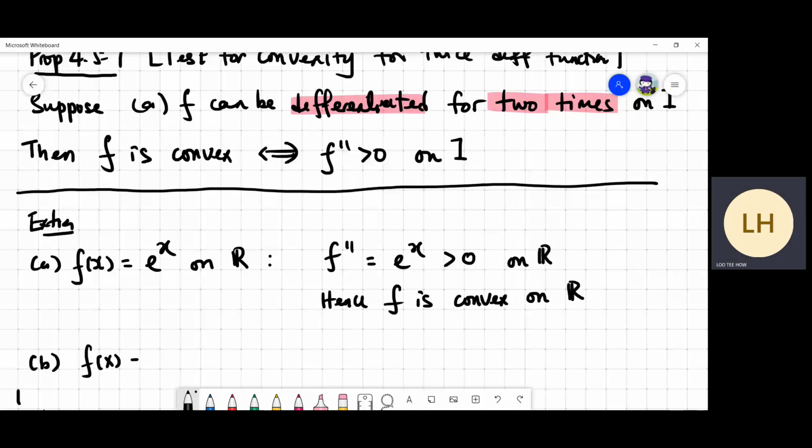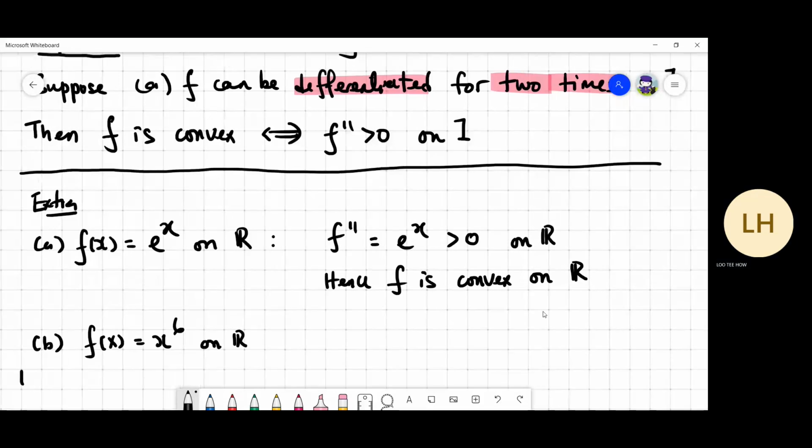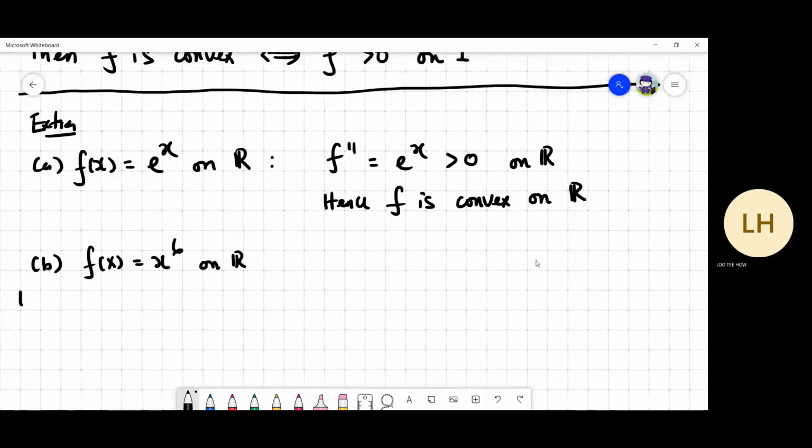We look at another one, B. Let's say f(x) is x to the power of 6 on R. You can see differentiating 2 times, 6 times 5 will be 30x^4. Oh, sorry, I think this is not a good one.